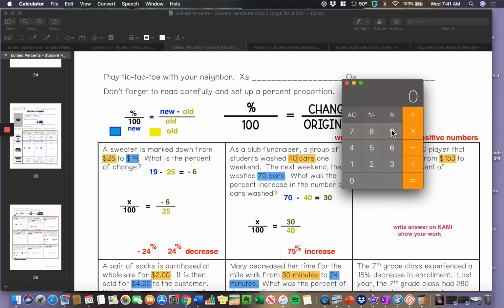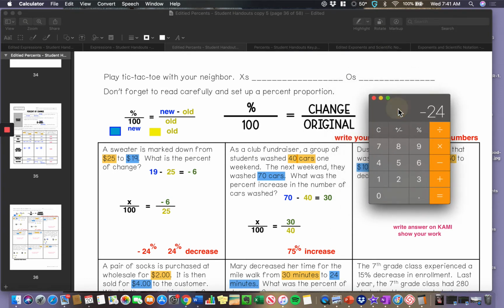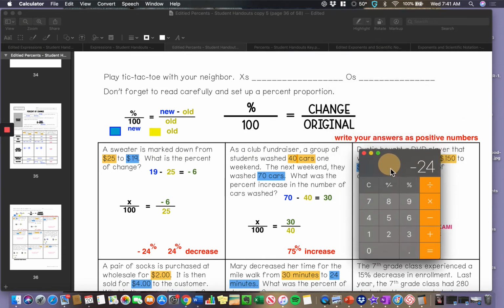So I have -6 times 100 divided by 25, and that gave me -24. But of course, I'm going to be representing the negative with the word decrease, so it's just a 24% decrease. And I wrote a little note here, write your answers as positive numbers.